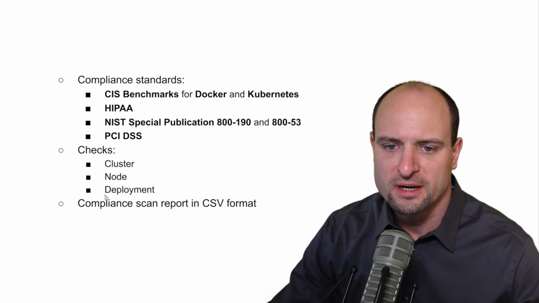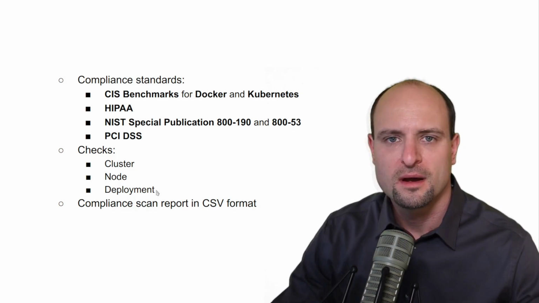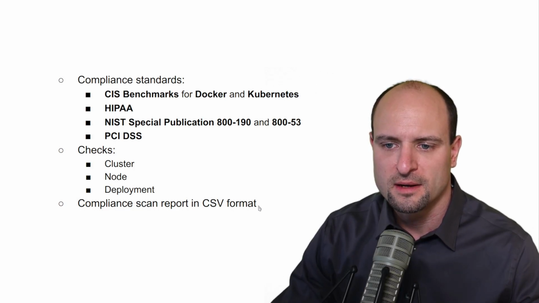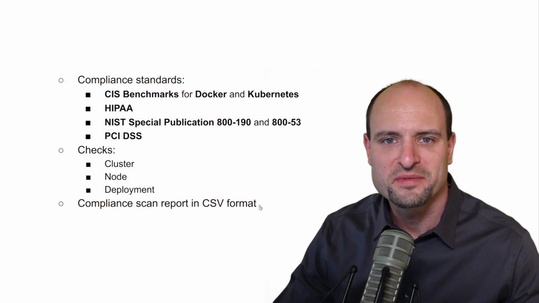And the deployment checks inspect the configuration of the deployments of the workloads running on the cluster. The check results can be exported in a CSV format. In this CSV, you can find a column called Evidence, where you can find more detailed information about why a given check failed.